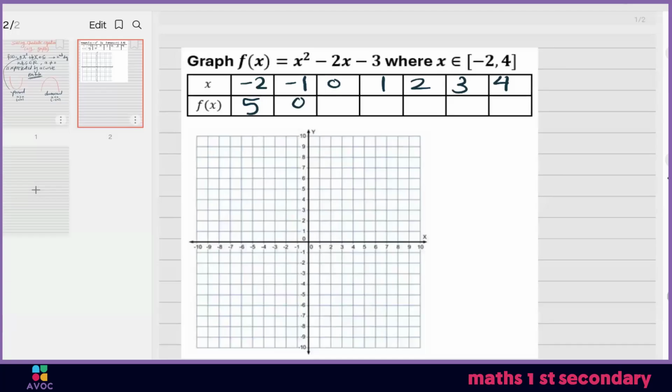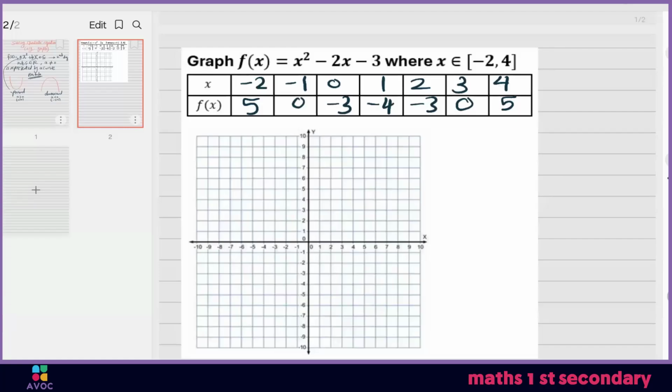If we substitute x by 0, it will be negative 3. If we substitute x by 1, it will be negative 4. When x equals 2, it will be negative 3. When x is 3, it will be 0. And the last one, 4, it will be 5.